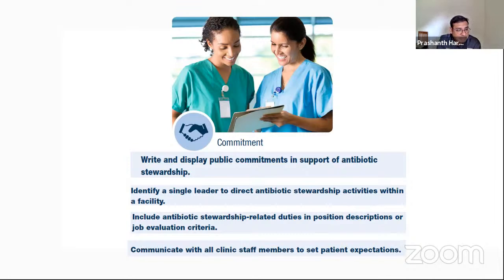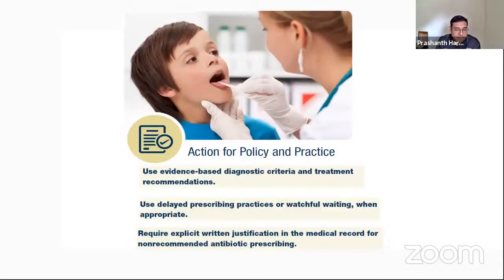So we can make them question your judgment, so you are much more aware of what's going on, and also communicate with all the clinic staff members to set the patient expectations. That's an important thing, to keep our patients happy.